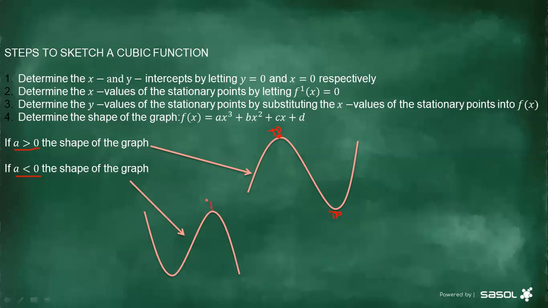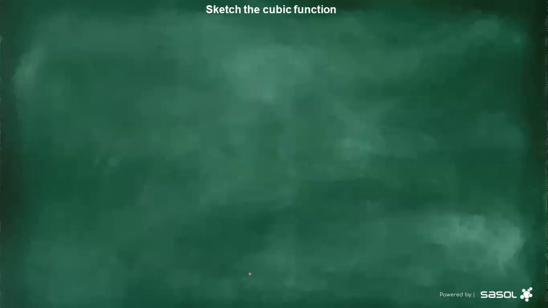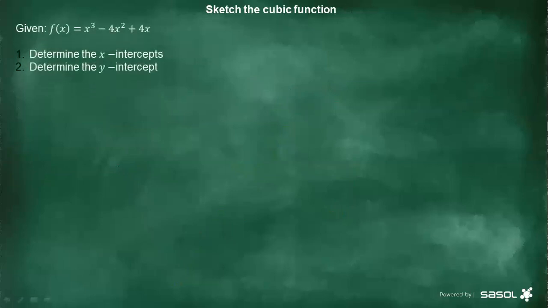You will always have two turning points there, so you have two x values of the turning points. Then you will look for the corresponding y values. So this is the shape for when a is less than 0, when a is negative. If the coefficient of x cubed is negative, then this is going to be the shape of the cubic function.